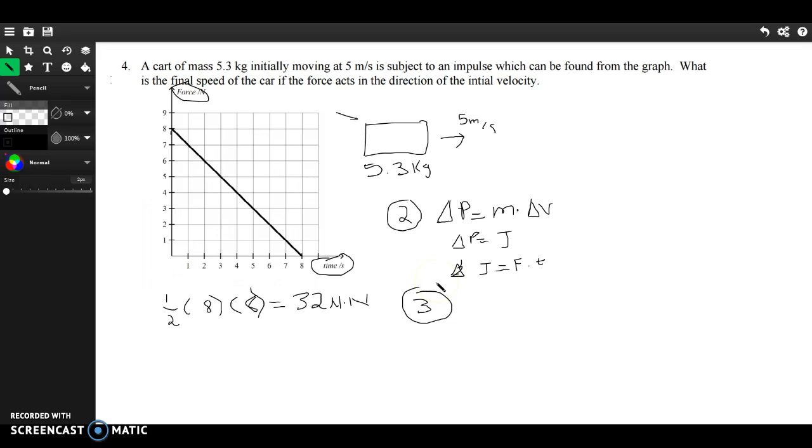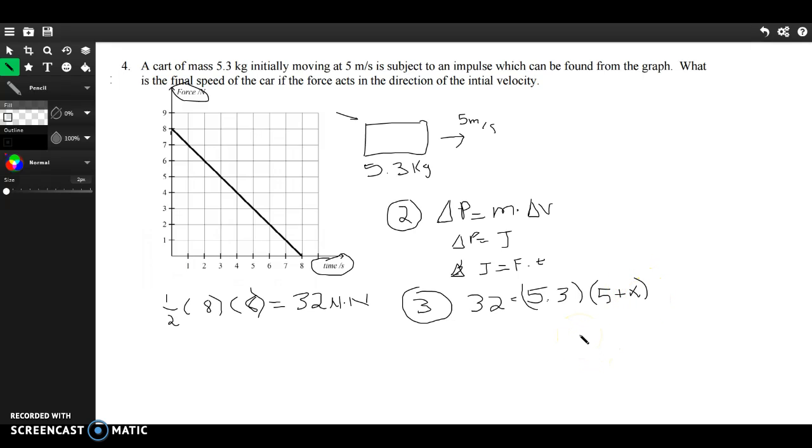All we really need to know is that 32, which is our impulse that we found over here, is equal to 5.3, which is our mass, times a change in velocity. And that would be 5 plus whatever.